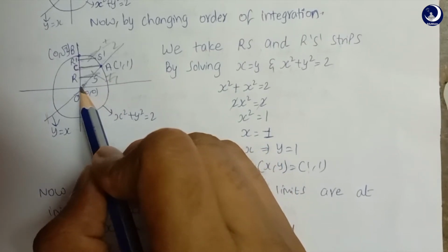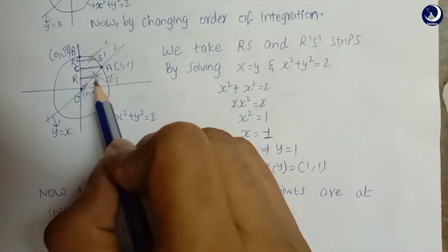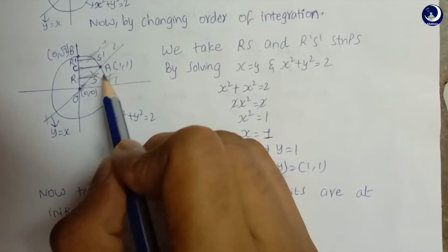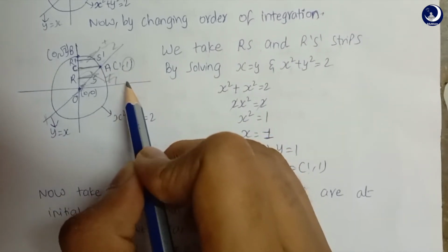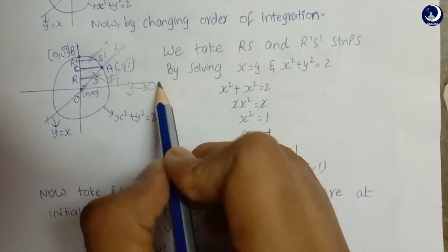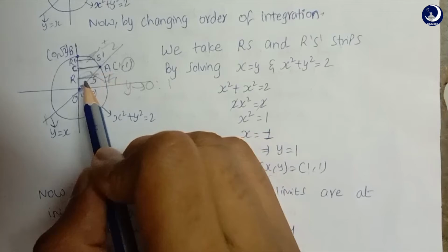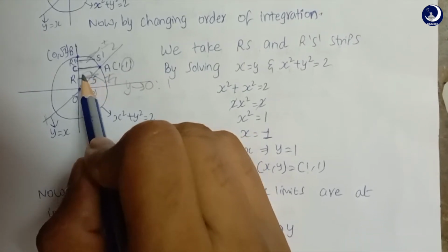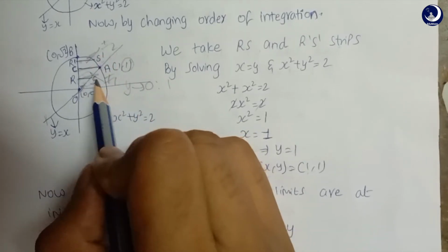We took from the initial point to the common point, which lies on the R strip, as the y limits. So initially 0 to finally 1, based on the common point, and the strip was placed in the I1 region. This is the I1 region, this is the I2 region. Based on that, I took the y limits.